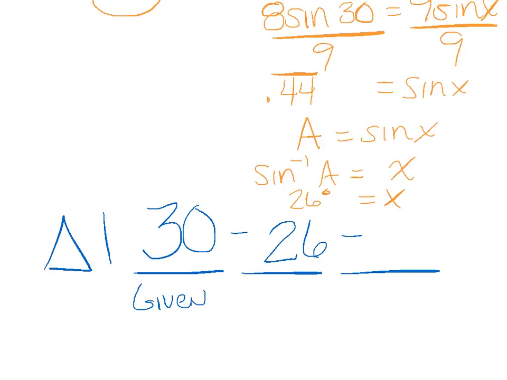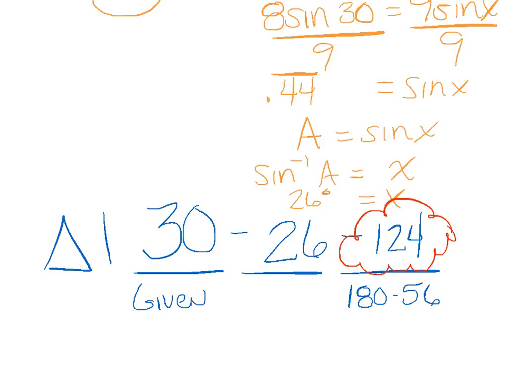Well, if you add those two up, you get 56, and that's clearly less than 180. That gives me an angle of 124. So it's possible to make one. And now let's just write down the name of it. Is this acute, obtuse, or right? And hopefully this angle here gives it away. If one angle is bigger than 90, like we just said previously, this is an obtuse triangle.